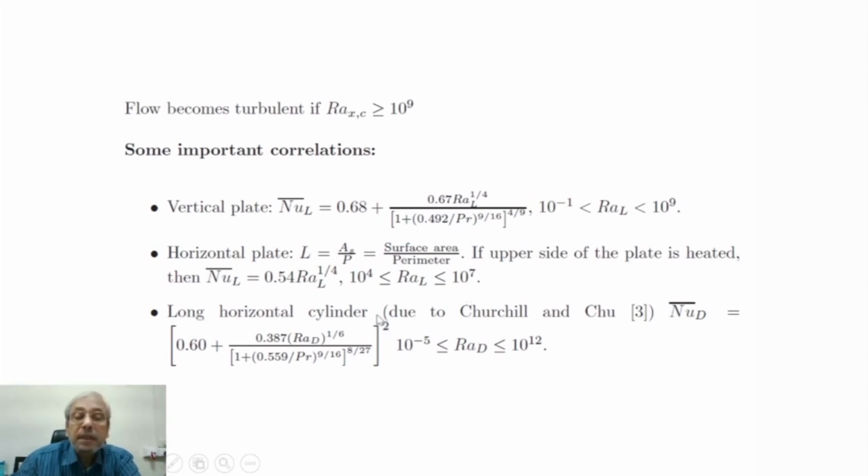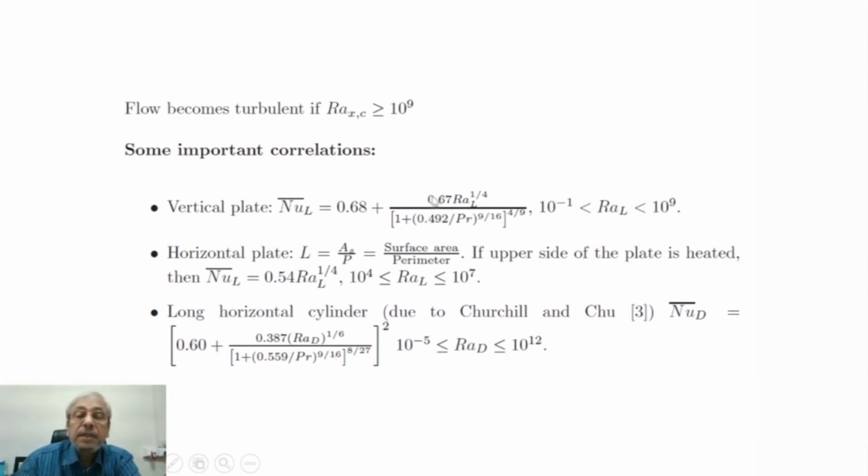Long horizontal cylinder. For a horizontal long cylinder, the Nusselt number based on the cylinder diameter is given by this expression, and here the Rayleigh number is defined based on the diameter of the cylinder, and we also get the Prandtl number here, and we see the range of Rayleigh number for this correlation.